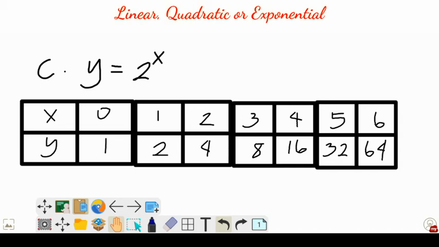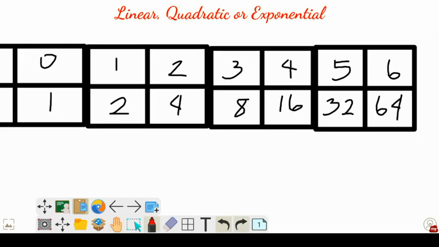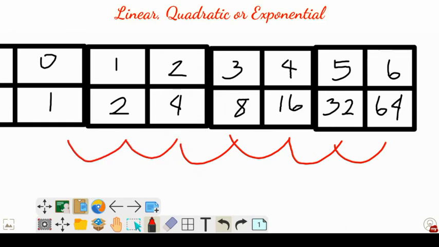Tama? So nagkaroon tayo ng equal ratios in y. So this time titingnan natin yung behavior ng 64 sa 32, yung 32 sa 16, yung 16 sa 8, 8 sa 4, 4 sa 2, and 2 sa 1. So mapapansin nyo, nagkaroon tayo ng equal ratios in y. And anong equal ratios na yon?